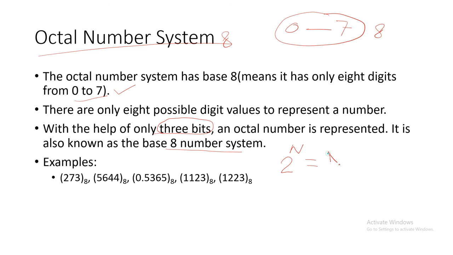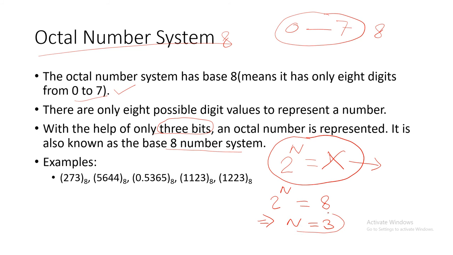How many bits are required can be calculated with the help of this formula, where x is the number of representations required. You can clearly see that in the case of octal, the value of x is 8, and while solving this, we can see that the value of n will be 3. So we will need 3 bits to represent any octal number because there are 8 representations.